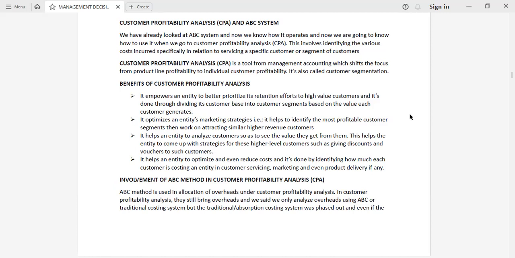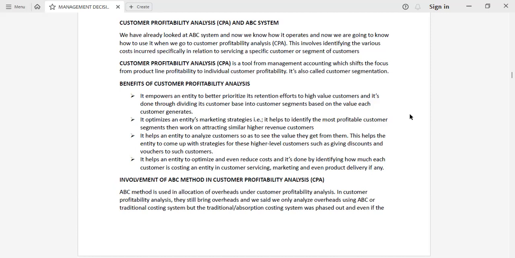Remember, the ABC system is only used to absorb the overheads, meaning whenever we see the overheads is when we are going to use the ABC system. Just like the way we say that the traditional costing system is outdated, or it has been phased out because of the introduction of technology and production of more units of products.